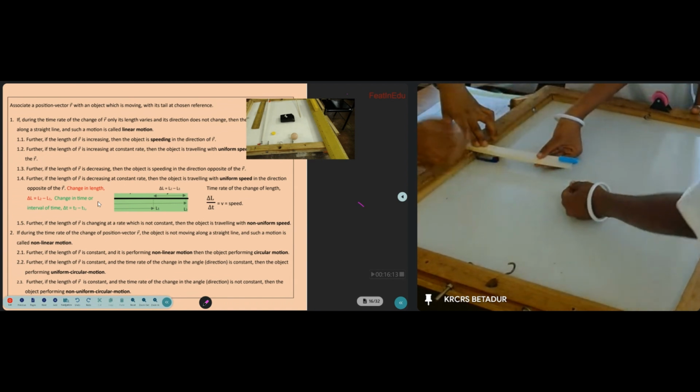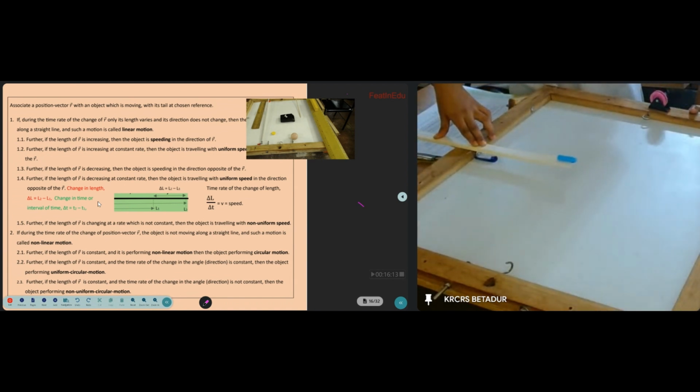Approximately 22 sir, 22 centimeters. Now listen here. This is L1.